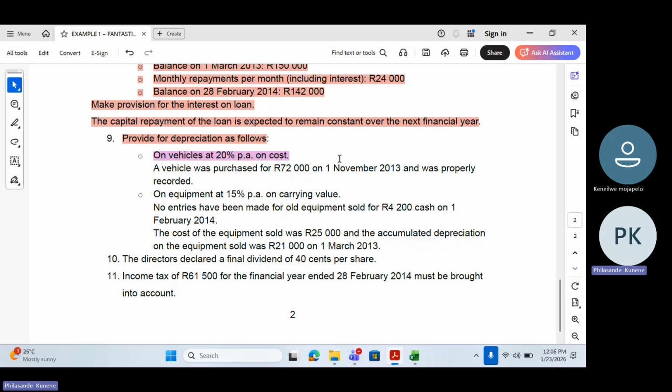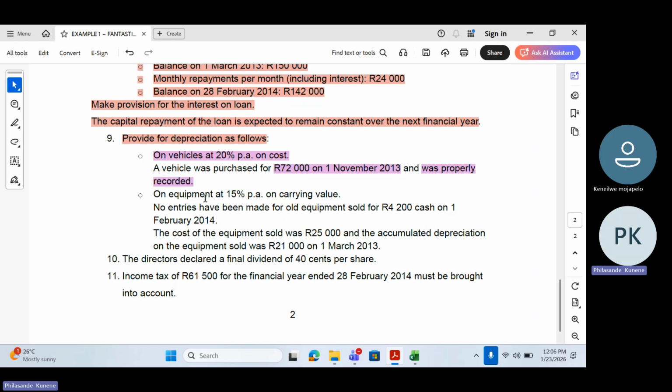For vehicles, right? And then they're telling us here that a vehicle was purchased for 72,000 on 1 November 2013 and was properly recorded. Very important: when they say it was properly recorded, you need to make a decision whether it is included in the amount sitting in the trial balance or not.